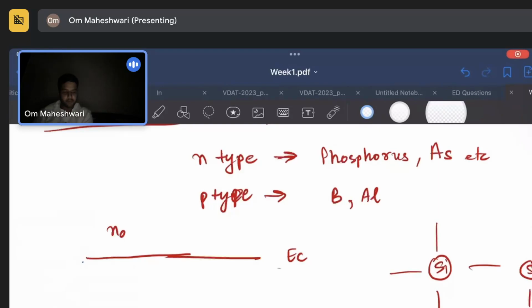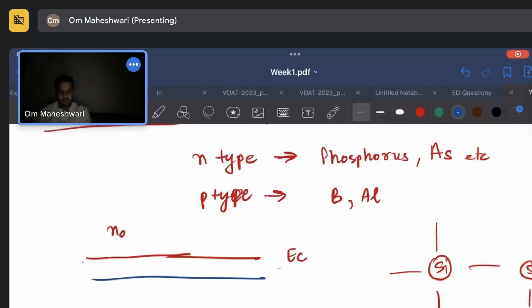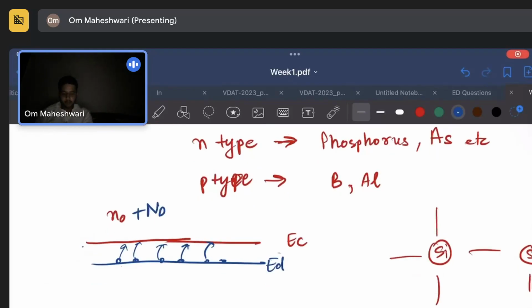Now if I have a donor level ed, their electrons can now go, so it can become n0 plus nd. Some electrons may also go to the valence band and may reduce p0 to p0 minus x, but let us just consider for now n0 plus nd.